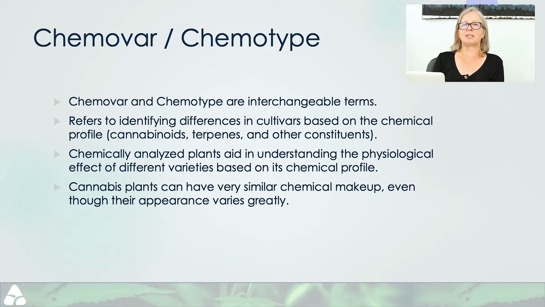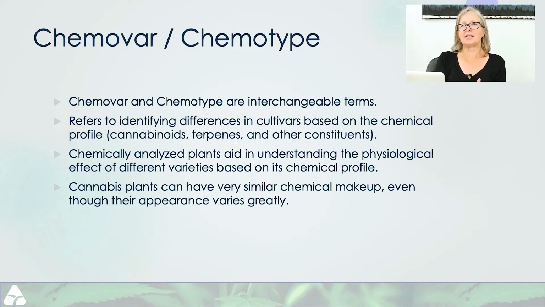This will come into play more and more as we do more research into medical use, because when we're talking about medical use, we really want something that's very precise and very consistent over time. And so that's when that chemical analysis of different plants is really going to come into play.